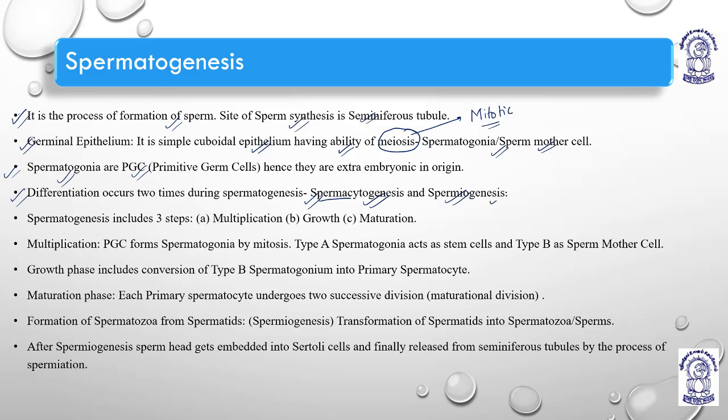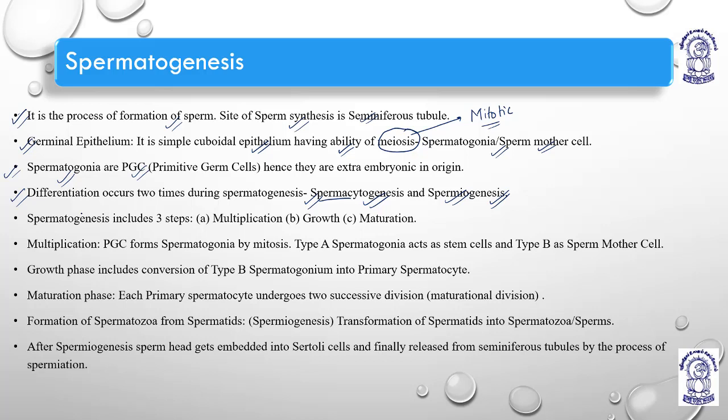Then we have spermiogenesis, which means the transformation of spermatid into spermatozoa, the mature sperm. So we have two main differentiation forms: first spermiocytogenesis and second spermiogenesis.